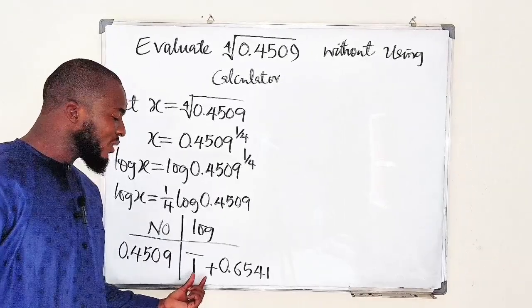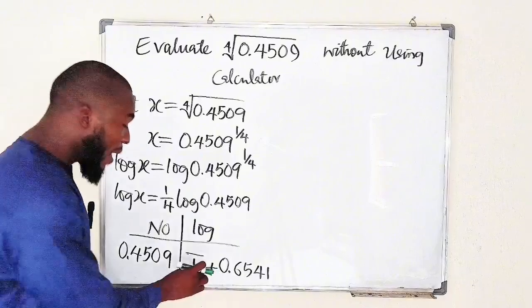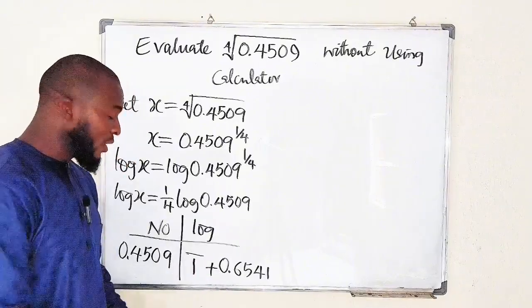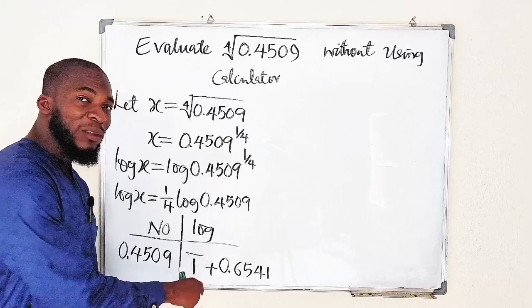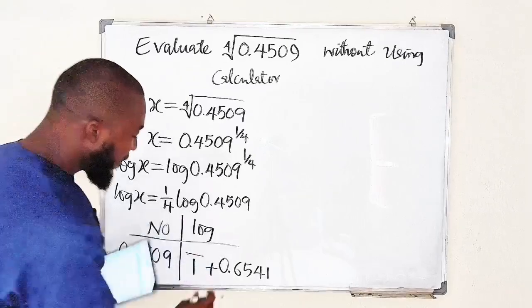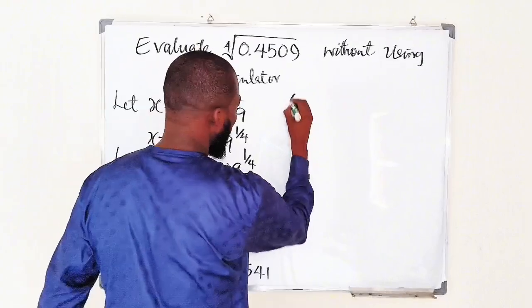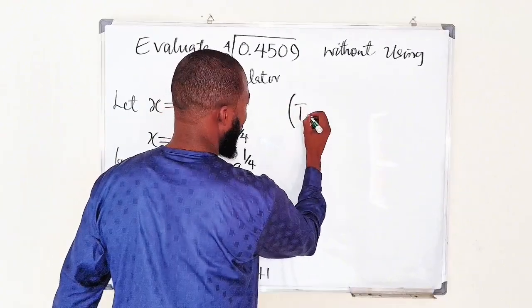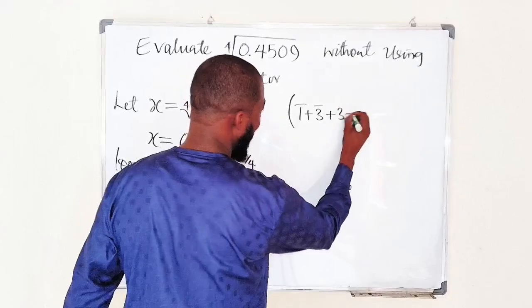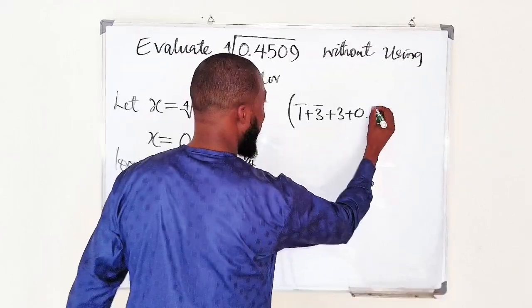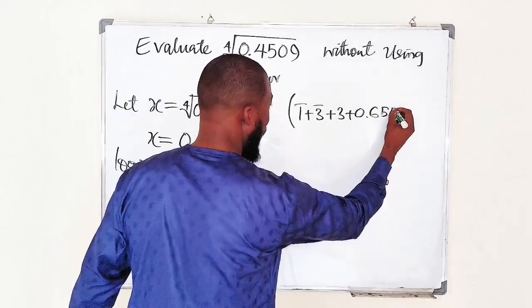But we have to add 3 because this bar 1 is the same thing as negative 1. So it's like we are adding negative 3 to make it negative 4. But we have to add positive 3. So this number can be written as bar 1 plus bar 3, then plus 3 plus 0.6541.